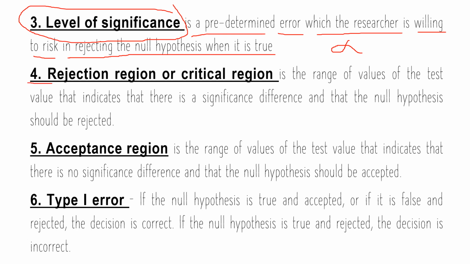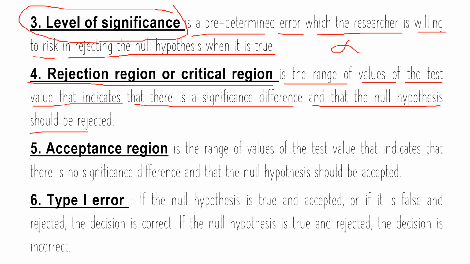For the fourth term, the rejection region or the critical region, it is the range of values of the test value that indicates that there is a significant difference and that the null hypothesis should be rejected. For example, we have your critical value. Your critical value will serve as a boundary between your non-critical region and critical region.